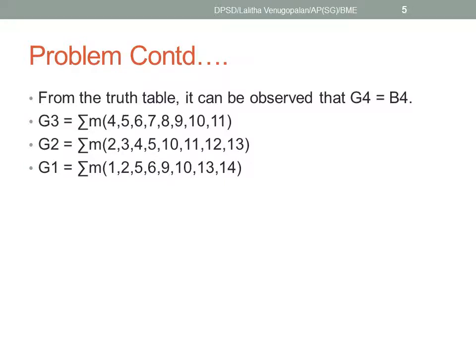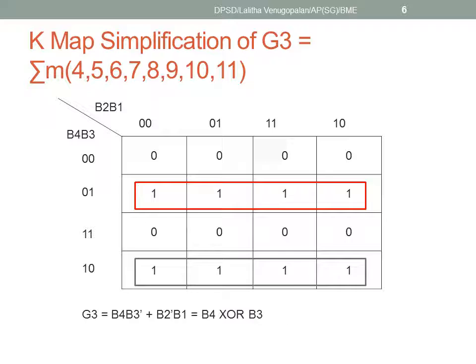It is worth noticing that I have taken the rows as B4, B3, and the columns as B2, B1, because our input is B4 B3 B2 B1, where B4 is our most significant bit and B1 is our least significant bit.